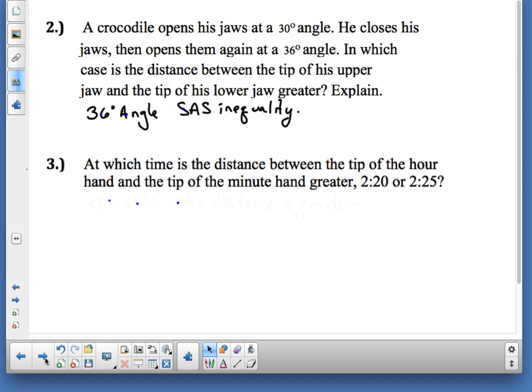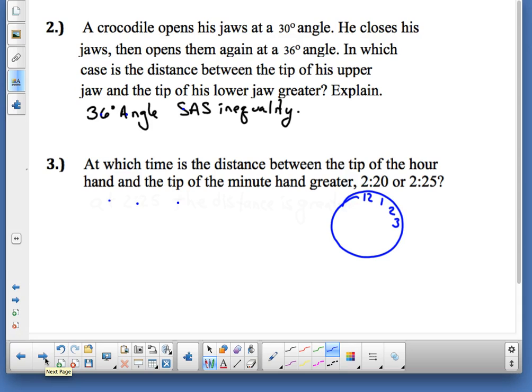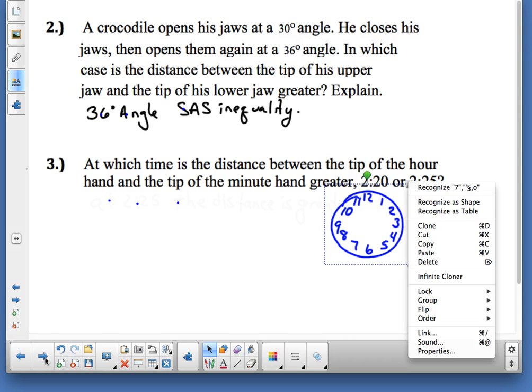Now, I'm going to have you take that same type of information to the clock. And to help us out, I'm just going to kind of make up a clock here. So give me a moment to kind of get my clock on. Okay, because I got one, to save us some time, we'll clone it. Maybe it'll let me clone it.